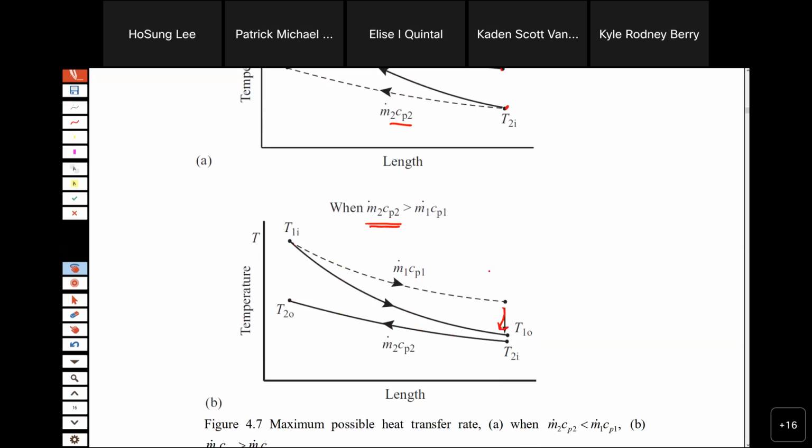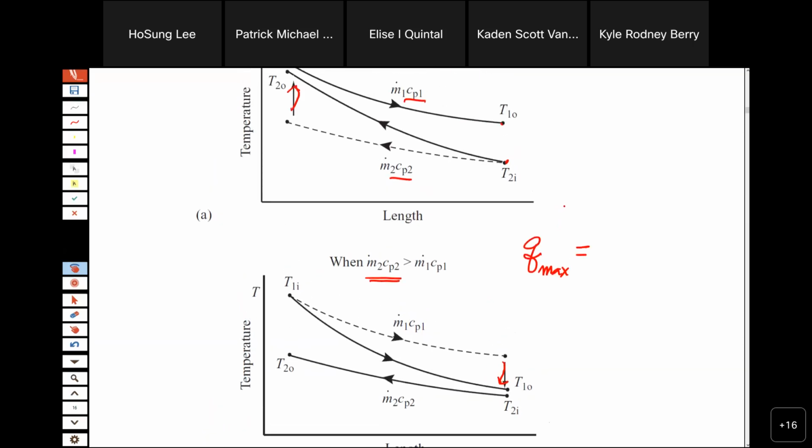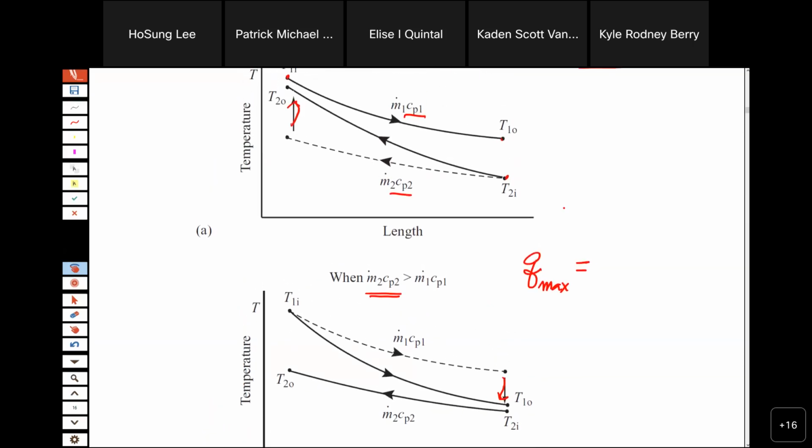So if this is the case, what would be the maximum heat transfer? Can you figure out? I think you should figure out what would be the practical maximum. Maximum could be very high, impractical.